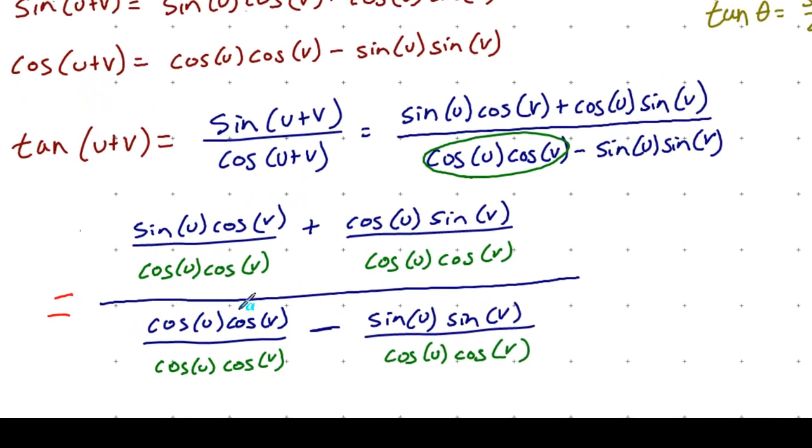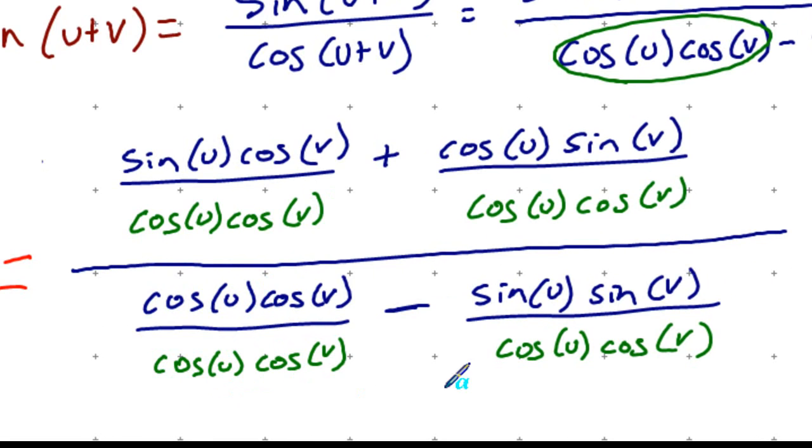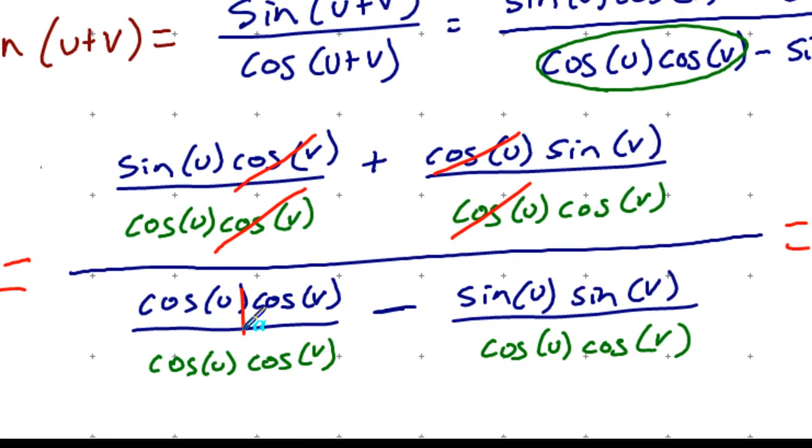And this bottom term has a value of 1. After simplification, I can see that this cosine v and that cosine v cancel out. This cosine u and that cosine u cancel out. And down the bottom, nothing cancels out, except for this value has a value of 1.